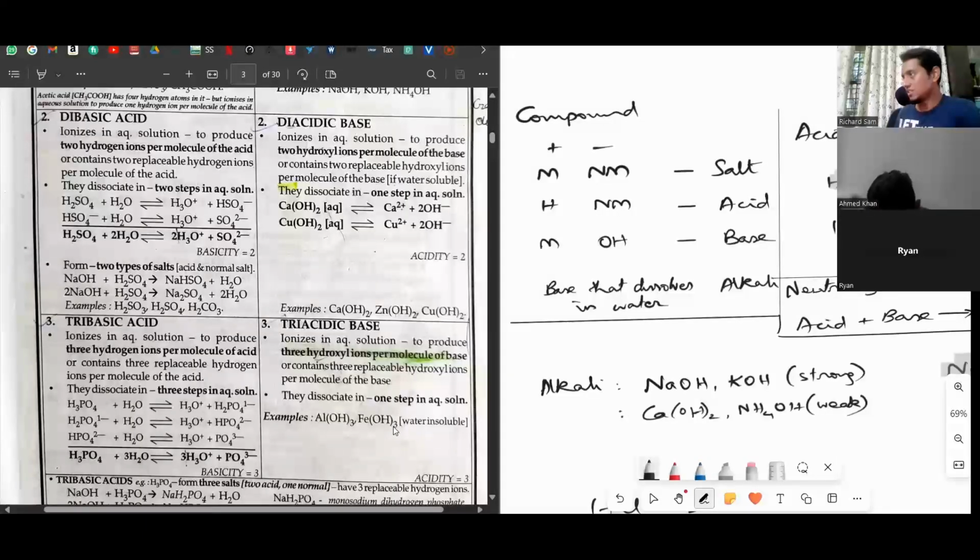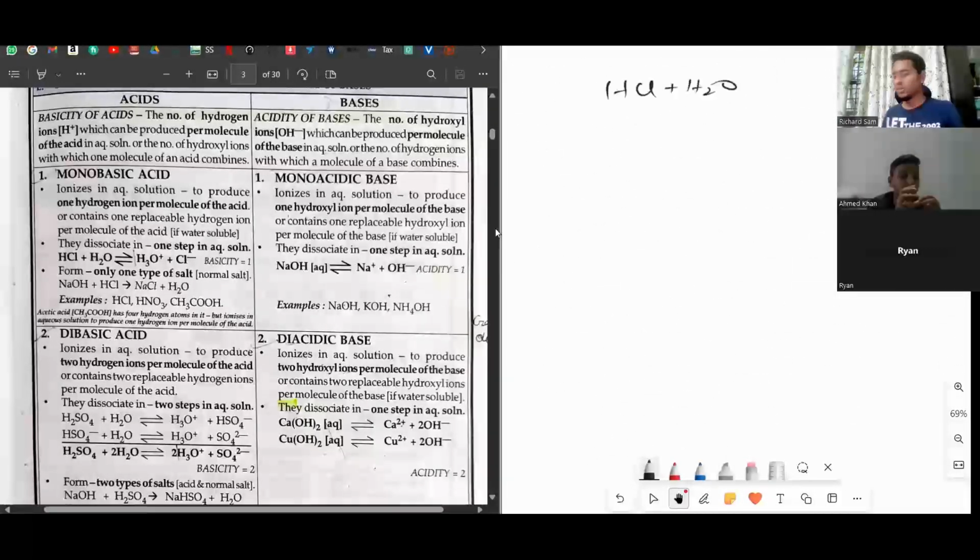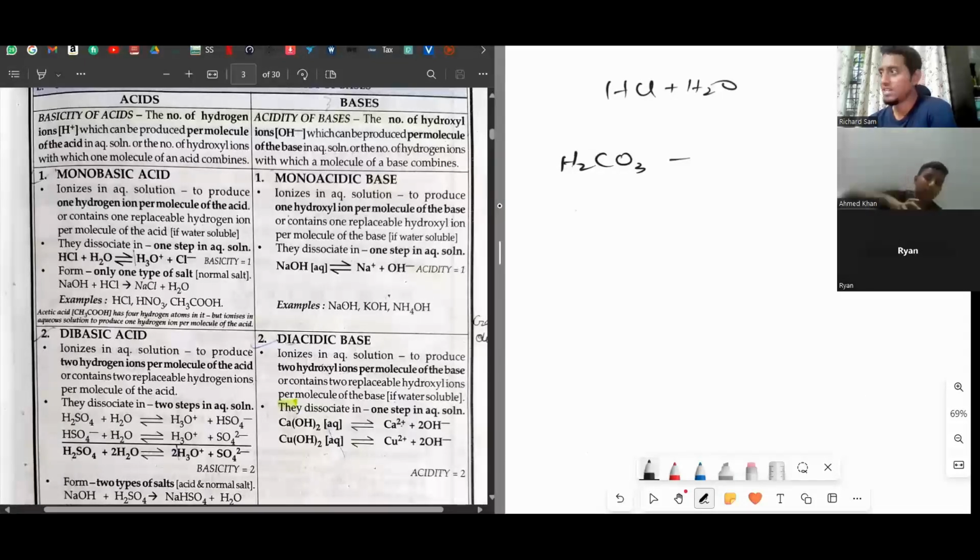Is everyone clear on this? I'll give you a compound, you tell me what it is, out of these six, three on the left, three on the right. I'll write the compound here. What is H2CO3? Dibasic acid, right? What is Al(OH)3?